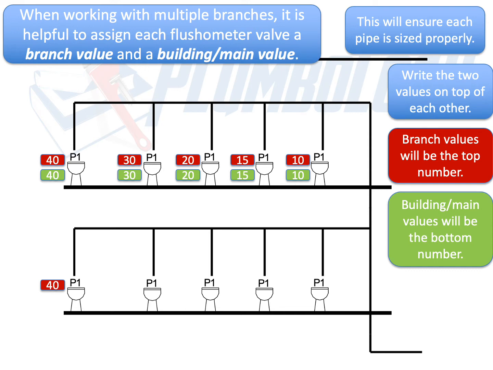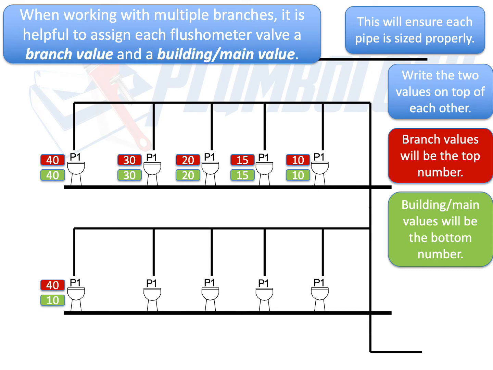If we look at the top floor, we can see that we have already labeled flush valves for the building value 40, 30, 20, 15, and 10. When we get to 10 on the bottom numbers, every other flush valve in that building will be a 10.